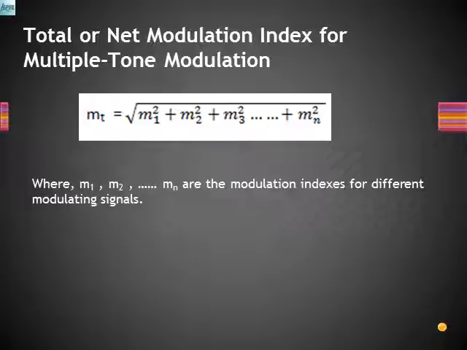It is the total or net modulation index for multiple tone modulation, and it is expressed as m_t equal to root of m1 square plus m2 square plus m3 square and so on up to mn square, where m_t is the total modulation index for multiple tone modulation, and the terms m1, m2, m3 and so on up to mn are the modulation indexes for different modulating signals.